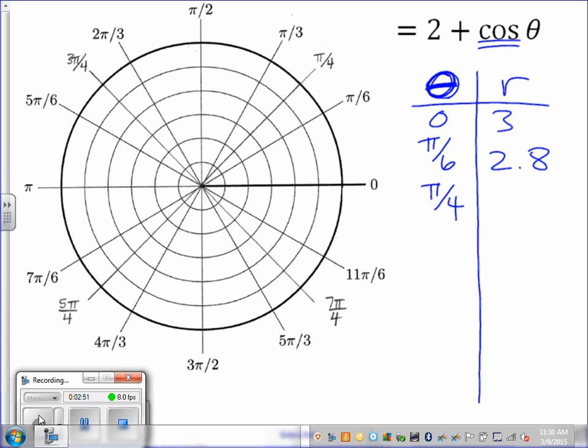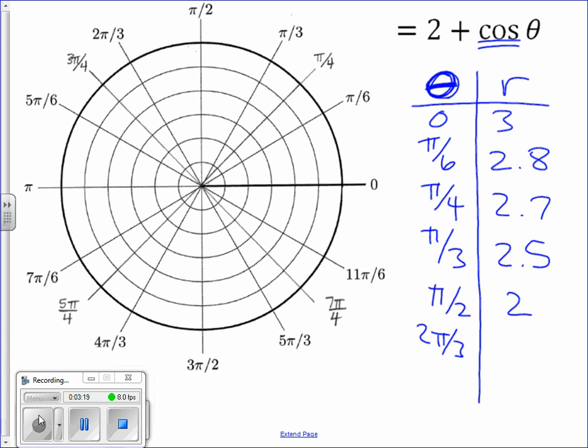At pi over 4, we're dealing with 0.7-ish. 0.7 plus 2 is 2.7, give or take. These numbers might be wrong. You guys can call me out if you want. Pi over 3, the cosine of pi over 3 is 1/2. 1/2 plus 2 is 2.5. The cosine at pi over 2 is 0. At 0 plus 2, we get 2.